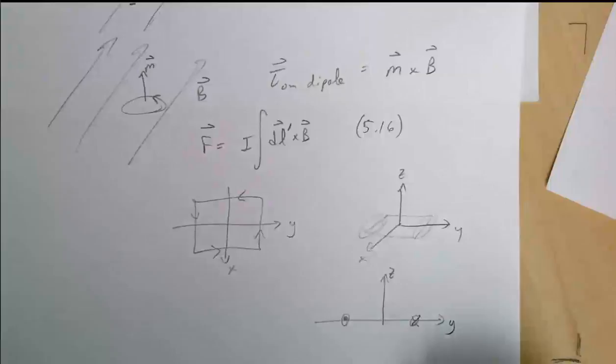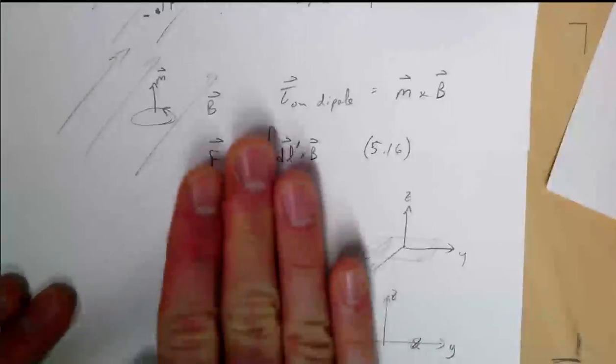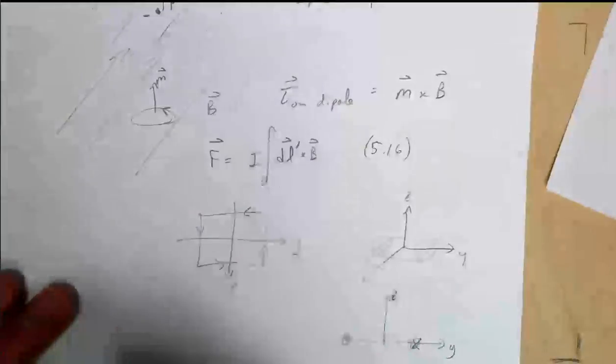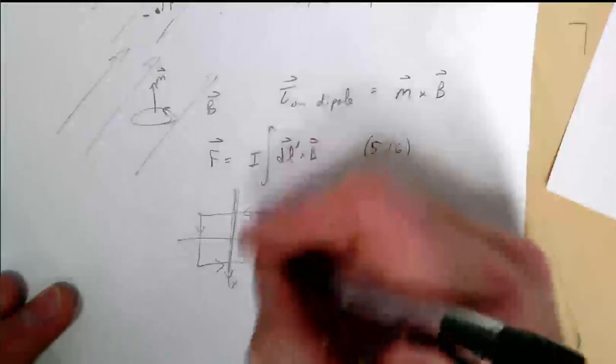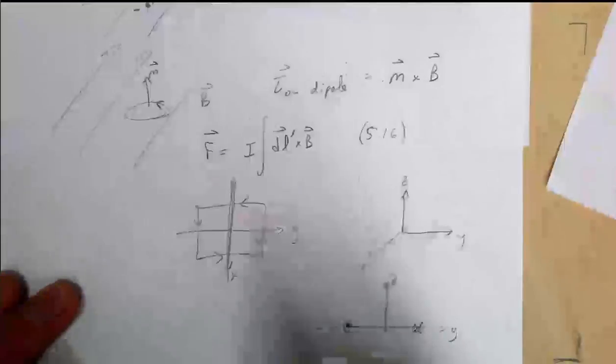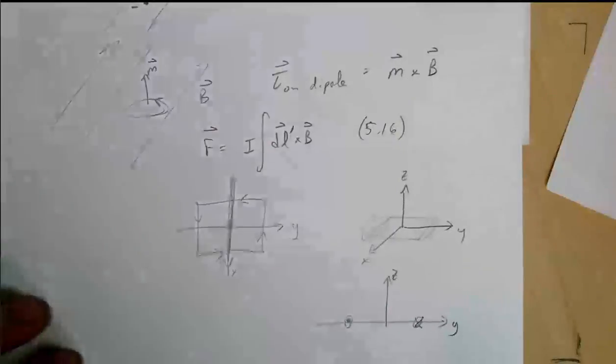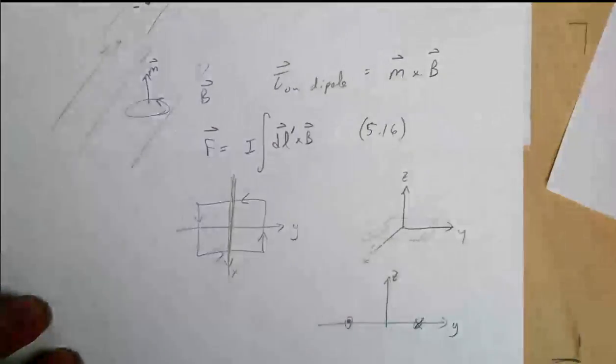You'd probably compute the torque about some line that goes through the origin. If this loop is going to be rotating like this, then I would pick the x-axis as the axis I'm rotating about. If instead it's going to rotate like this, then I would choose the y-axis as my axis of rotation.